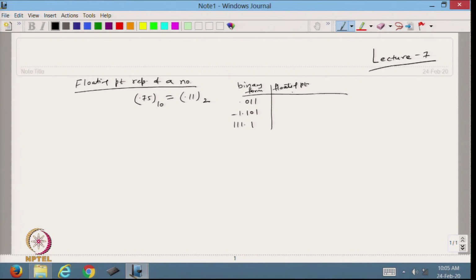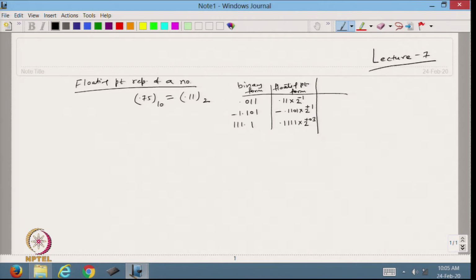So in floating point form, we can write this number as 0.11 into 2 raised to power -1, because I have taken the 0 here. This number I can write as -0.1101 into 2 raised to power plus 1, or I can write this number as 0.1111 into 2 raised to power plus 3.